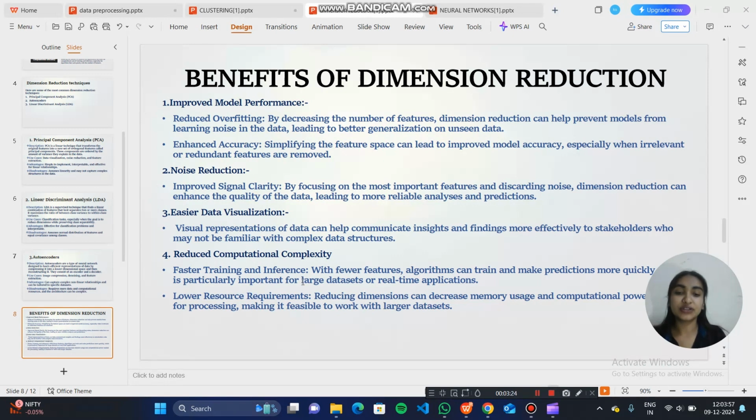With fewer features, algorithms can train and make predictions more quickly, which is particularly important for large datasets or real time applications. Lower resource requirements. Reducing dimensions can decrease memory usage and computational power needed for processing, making it feasible to work with larger datasets.